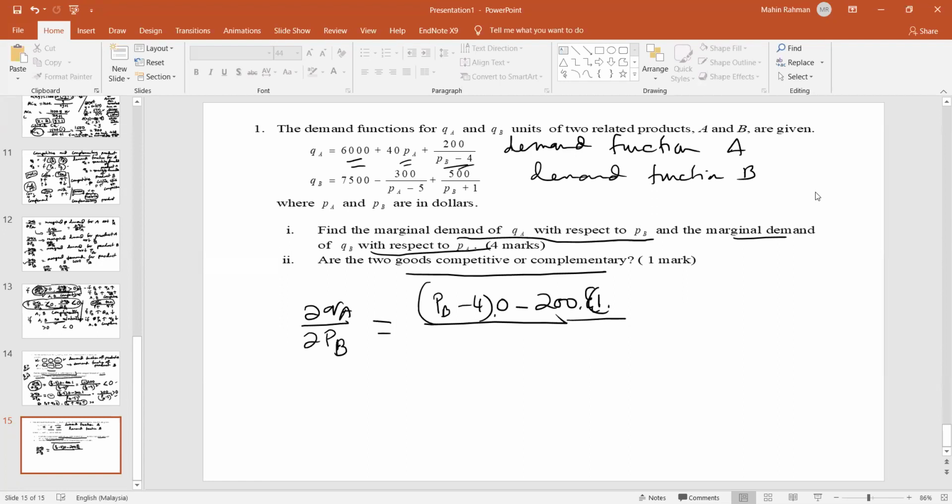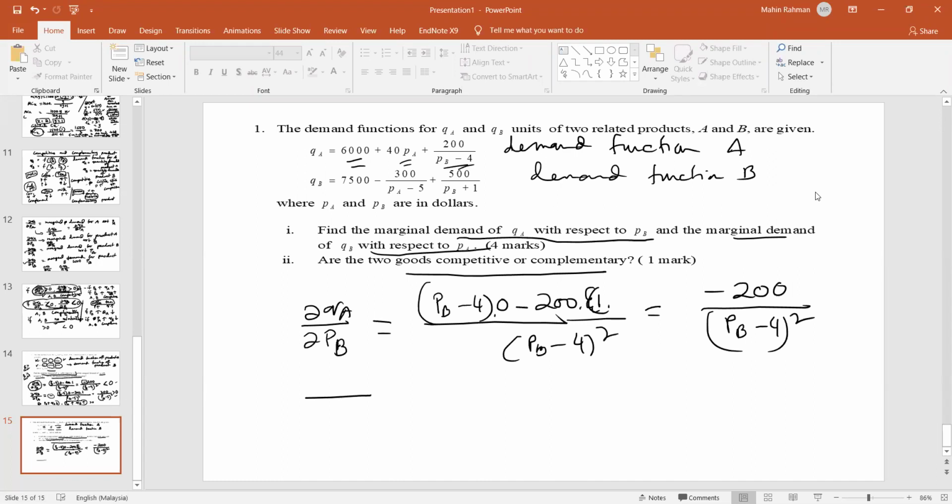So 200 times 1, and then PB minus 4 whole square. So it will be minus 200 over PB minus 4 whole square.